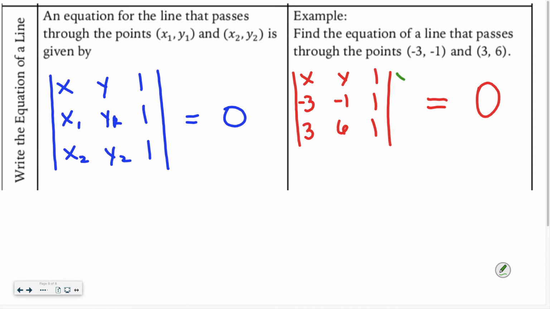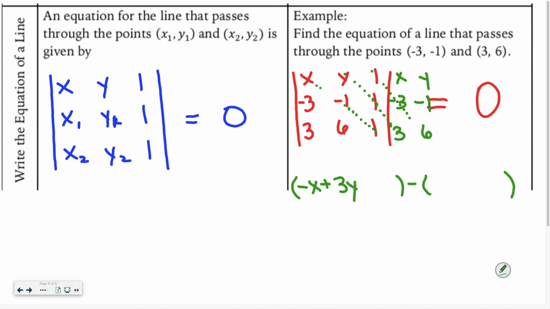Okay, so now we find the determinant. The only thing that's kind of strange about this is that we're going to have products that involve x and y, but we are writing the equation of the line, so I hope that there are some x's and y's in there. Our determinant is x times -1 times 1 plus y times 1 times 3 plus 1 times -3 times 6.